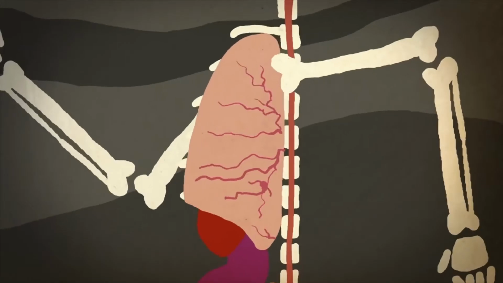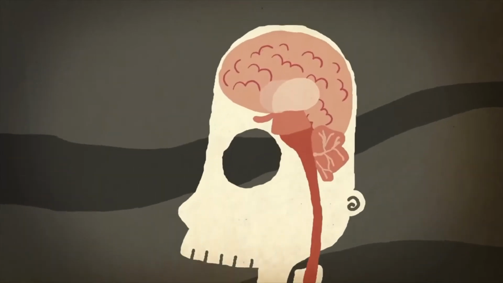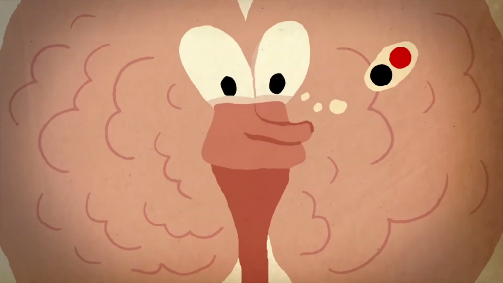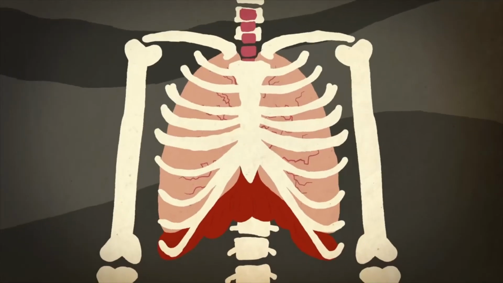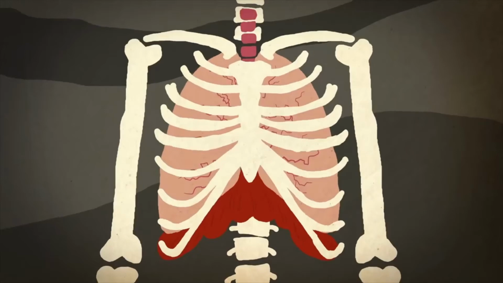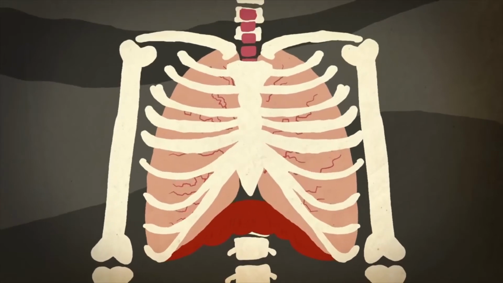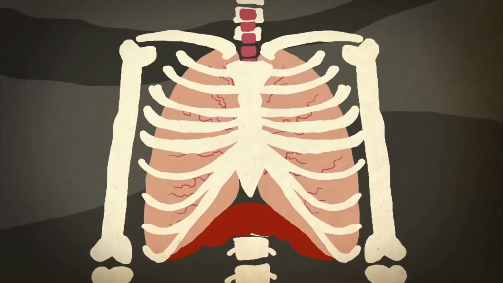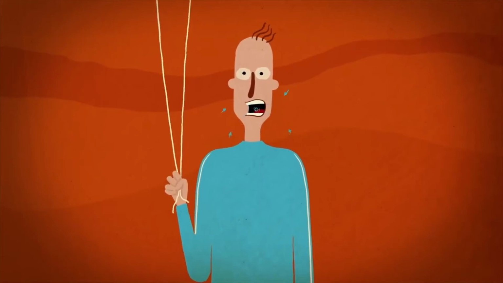But before oxygen can even reach the lungs, the brain needs to get involved. The brainstem initiates breathing by sending a message through your nervous system, all the way to muscles of the diaphragm and ribs. This causes them to contract, thus increasing the space inside the rib cage, which allows the lungs to expand. That expansion drops your lungs' internal air pressure, making air rush in.